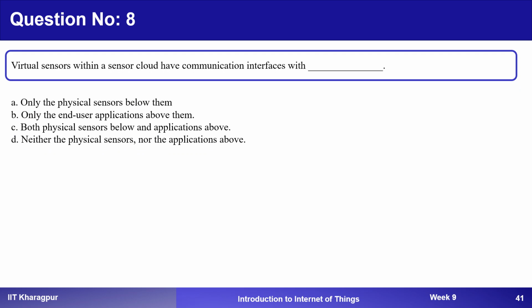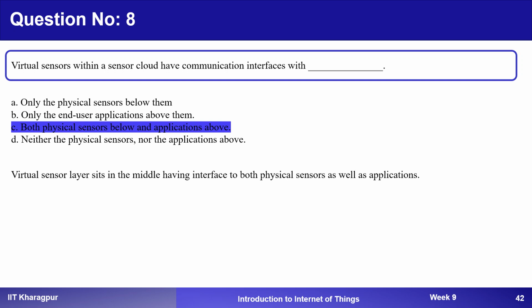Options are: A, only the physical sensor below them; B, only the end user application above them; C, both physical sensor below and application above; D, neither the physical sensor nor the application.